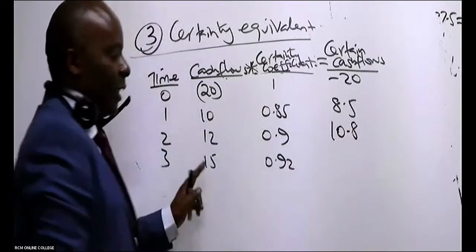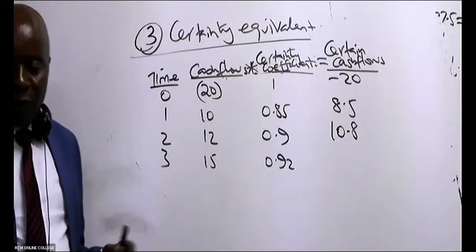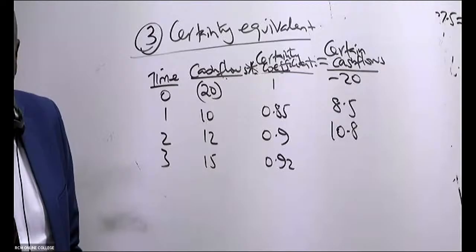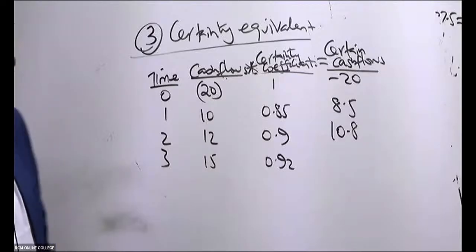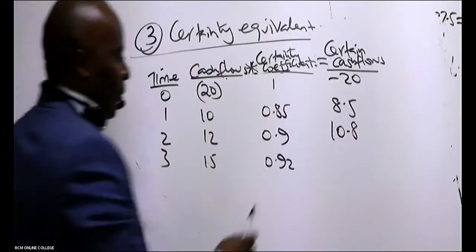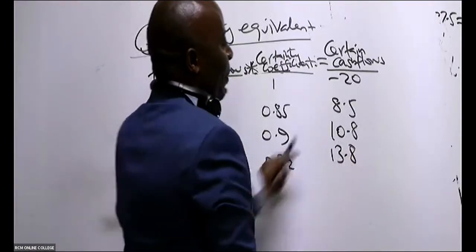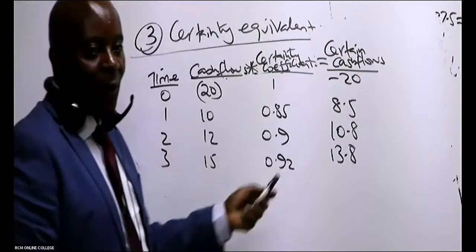And then we have 15 times 0.92. So that will end up giving us 13.8.